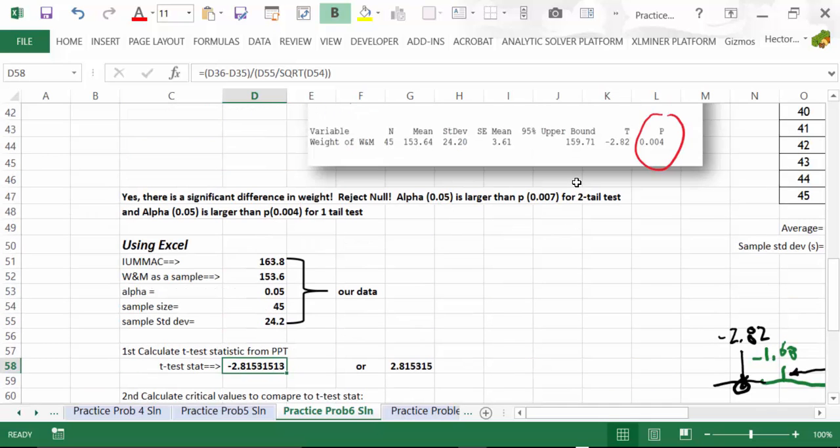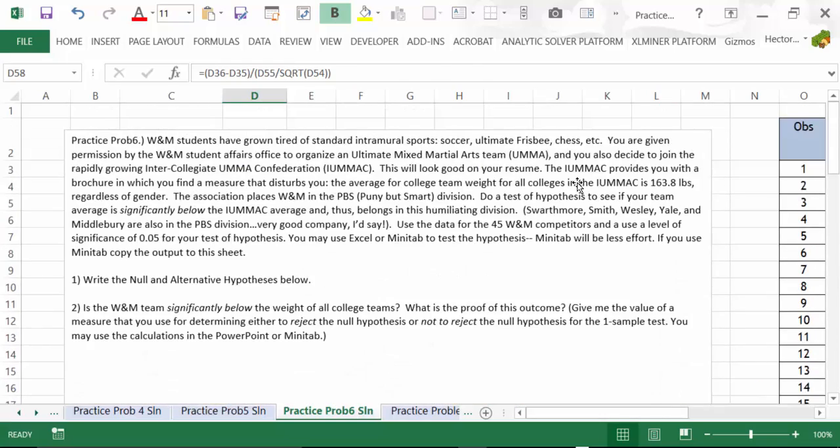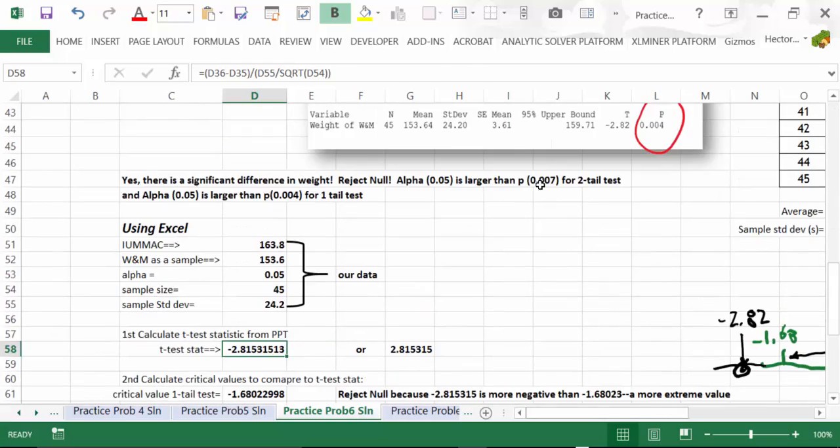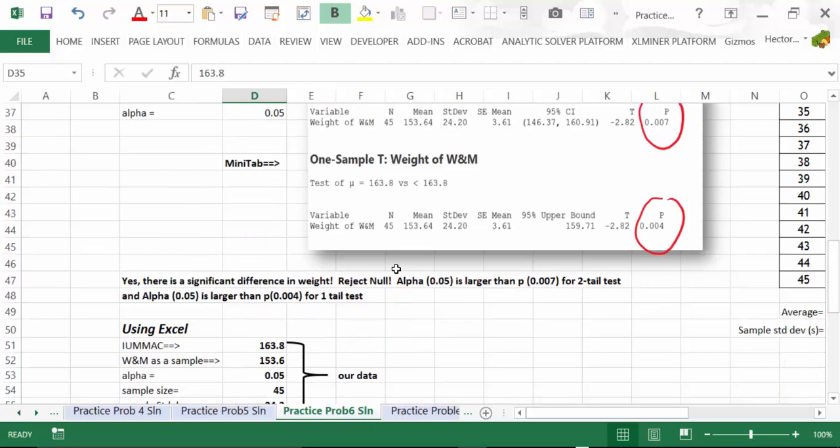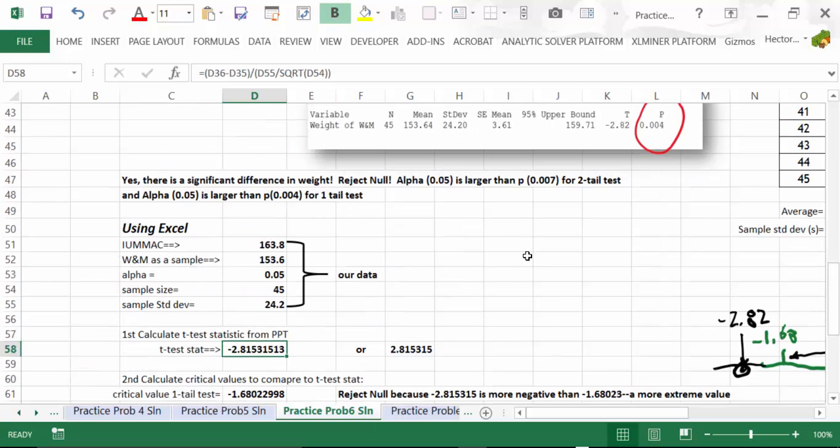D36 minus D35, calculate the difference, and then we divide that difference by D55, which is the standard deviation divided by the square root of n. This is our standard error in the problem.